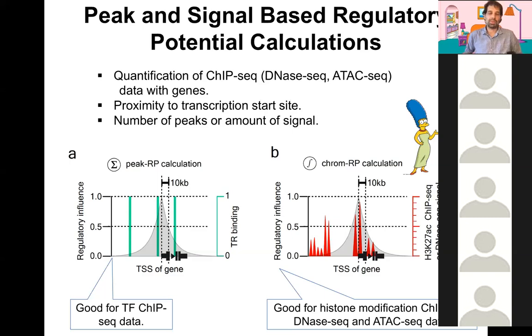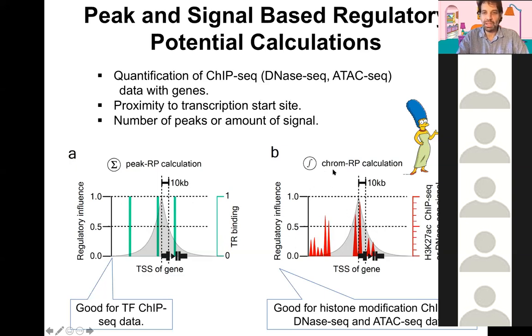Okay, so if you have H3K27 acetylation ChIP-seq, often the signal is not really confined to peaks, but can sometimes be spread around. So it's not really clear that you should associate the peaks with the transcription start site, or whether it's just the signal in general.